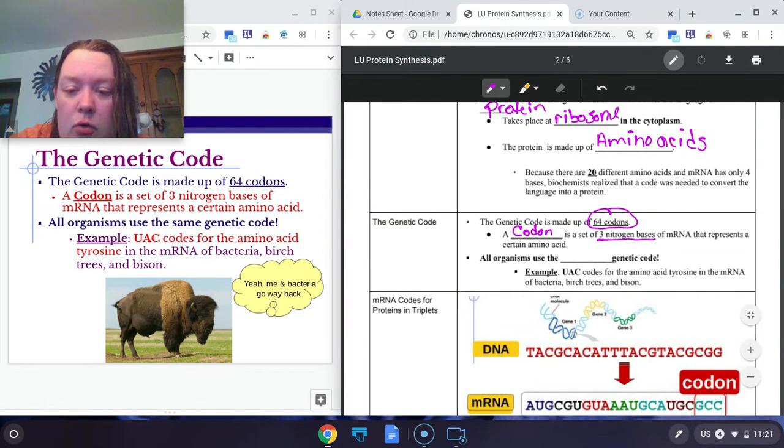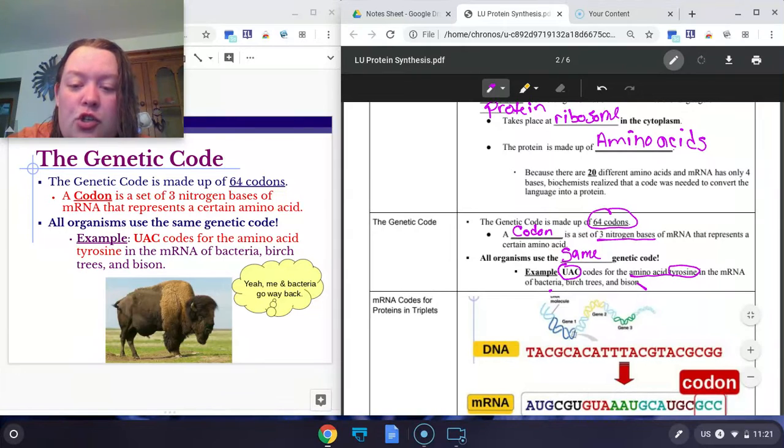And all organisms are going to use the same genetic code. So an example of this would be the 3 bases UAC in mRNA code for the amino acid tyrosine. But it doesn't matter if you're a bacteria or a human or a bison or a tree.